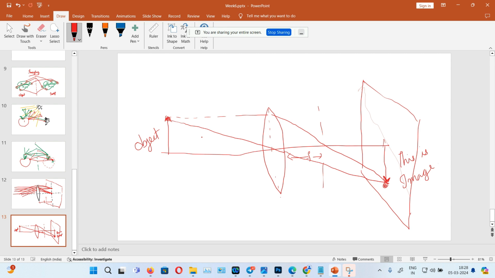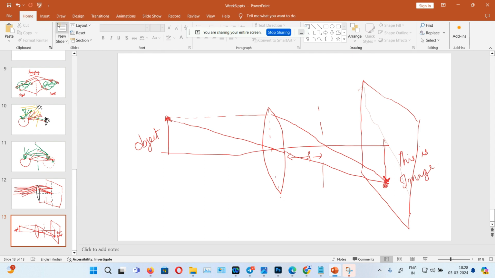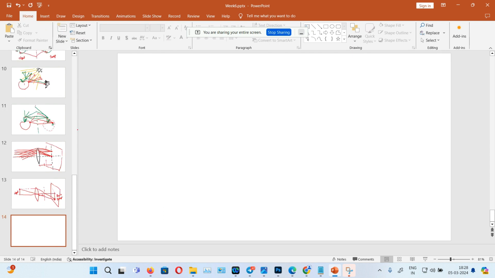Now see that if the object is very near to the lens, within the focus distance, the rays go like this.